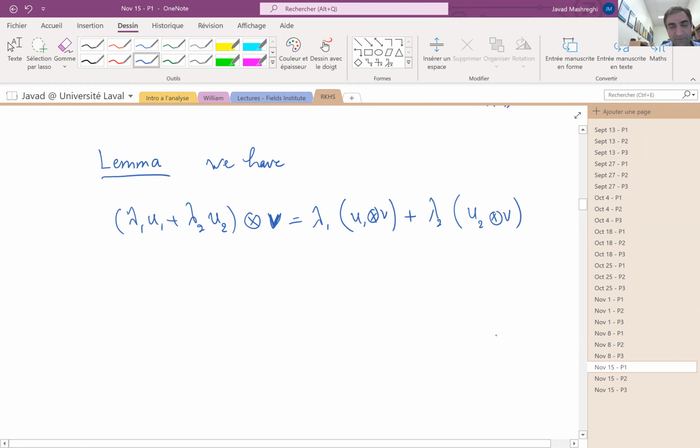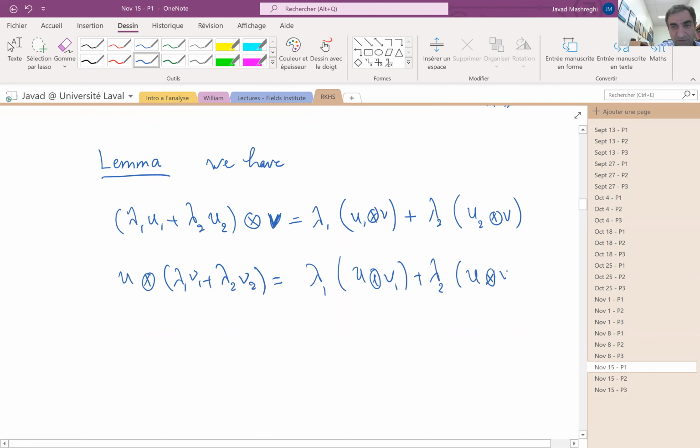And similarly for the other components, u tensor lambda 1 v1 plus lambda 2 v2 is equal to, note that there is no conjugate, it's just lambda 1 u tensor v1 plus lambda 2 u tensor v2.